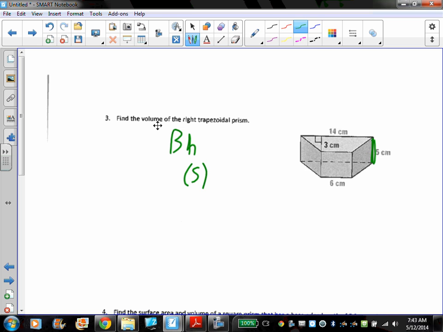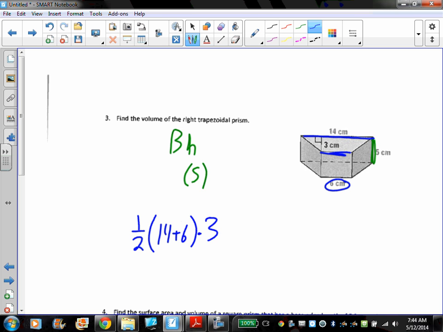And now we just need to find the area of the trapezoid. Base 1 is 14 centimeters. Base 2, we can see from the bottom, is 6 centimeters, and the height of the trapezoid is 3. So we're going to have 1/2 times b1 plus b2, that's 14 plus 6, times the height of the trapezoid, which is 3.